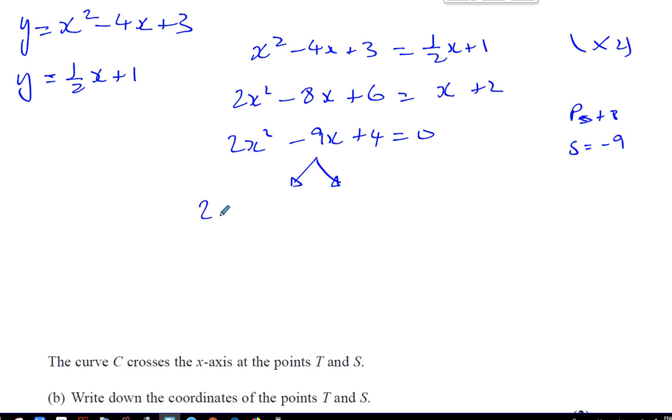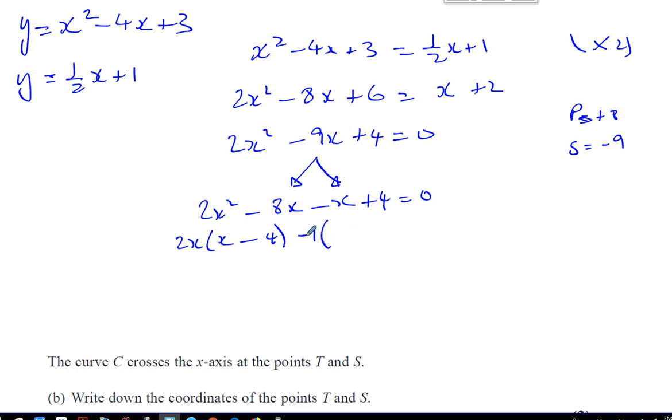Okay, so you have 2x squared minus 8x minus 1x plus 4 equals 0. So we can factorize by grouping. We take the first two terms and take out the common factor, which is 2x. We're left with x minus 4. Then we write the sign that comes next, which is minus. There's no common factor, so we write 1, which is a factor of everything.